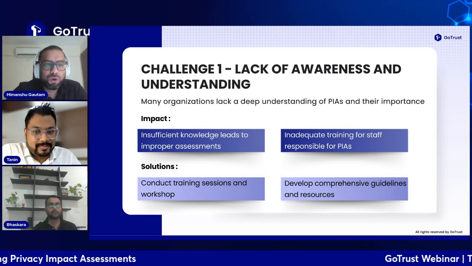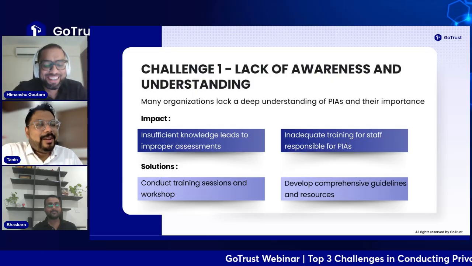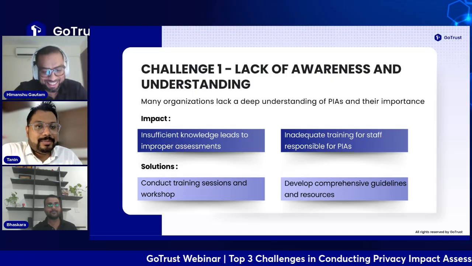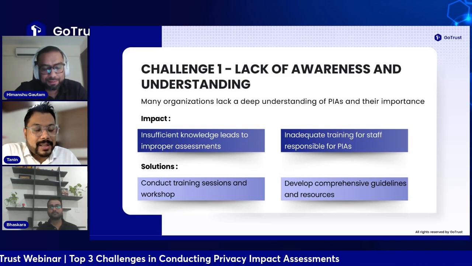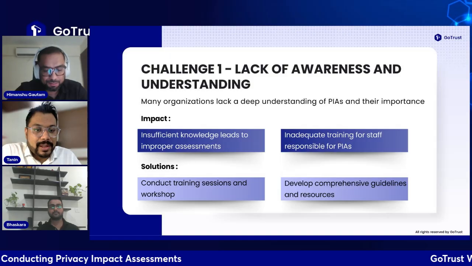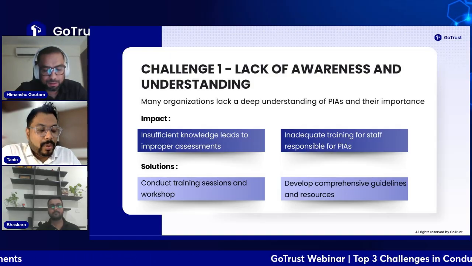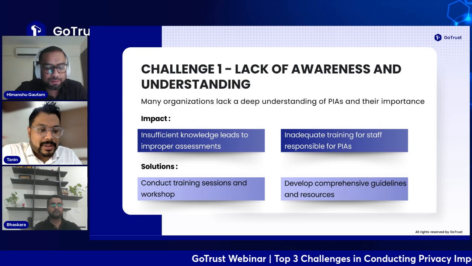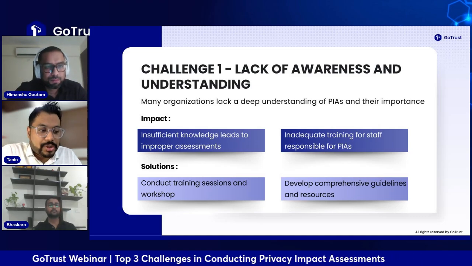Tanin, your views beyond India? Well, beyond India, yes, it is very much important. As I was saying earlier, your PIA should be drafted in such a way that you keep in mind where exactly you are running this PIA and who your data subjects are, because that will add more questions on top of the normal questions that you're putting in your DPIA.